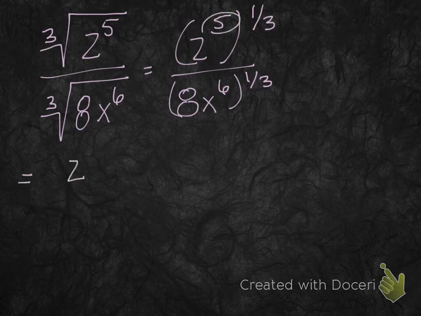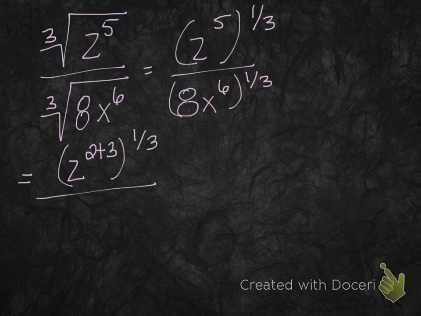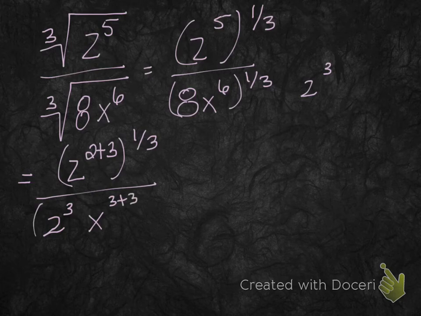I'm trying to look for as many 3's as I can possibly find in 5. So 5 is 3 plus 2, and that's as many 3's as I can get out of 5 to the 1/3. As we said before, 8 is really 2 cubed, so 2 cubed is as many 3's as I can get out of 8. And x to the 6th, I can write that as 3 plus 3, all raised to the 1/3 power.